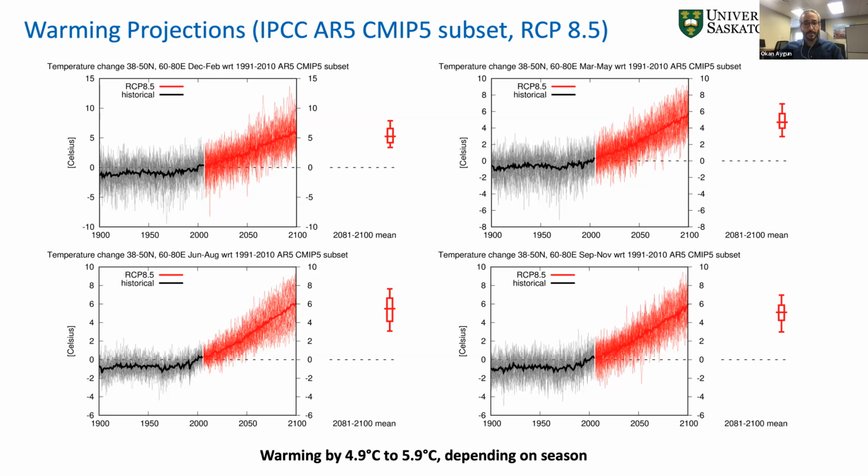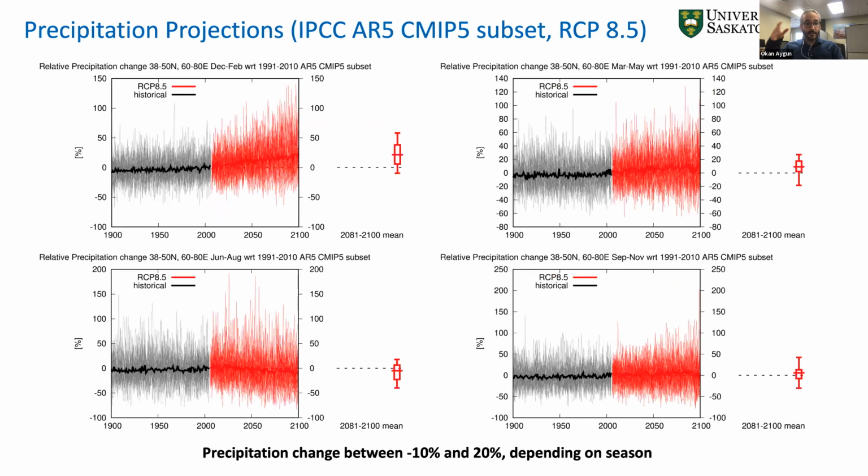Looking at the mean of the projections for the seasons, there's a projected warming by 4.9 to 5.9 degrees depending on the season. And here are the seasonal precipitation projections for the region using the same subset based on RCP 8.5. Looking at the mean of the relative precipitation changes, the precipitation is projected to change between -10% and 20% depending on the season.